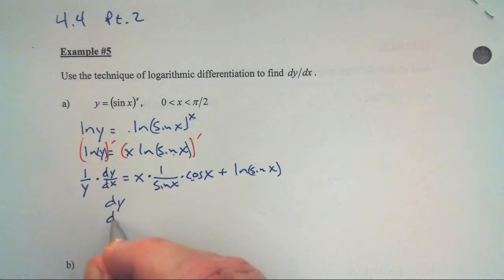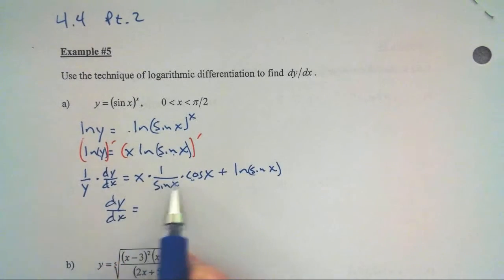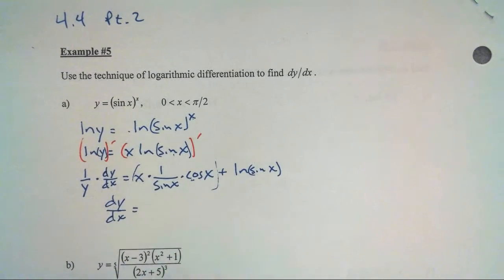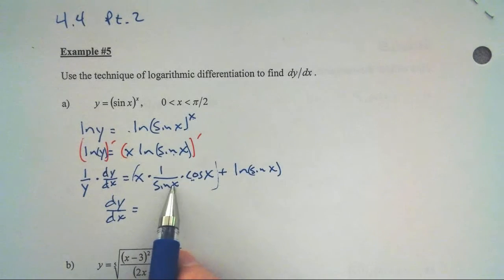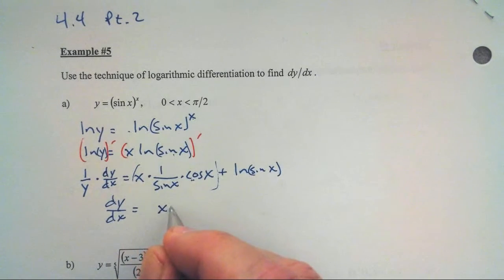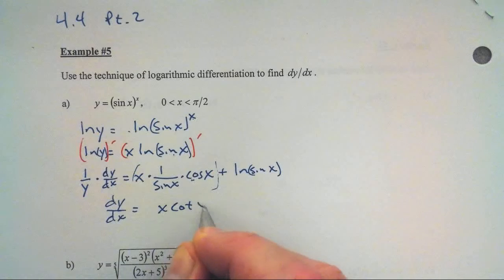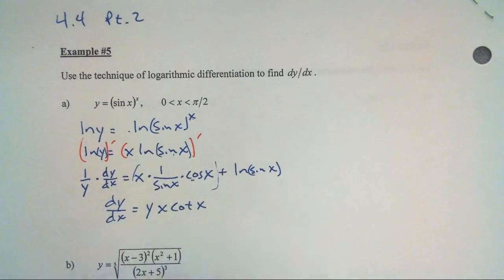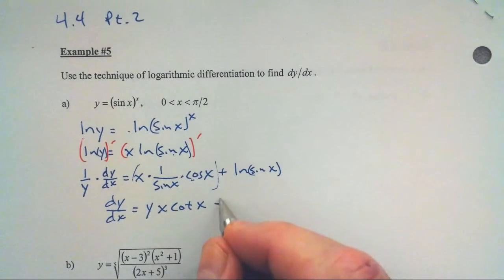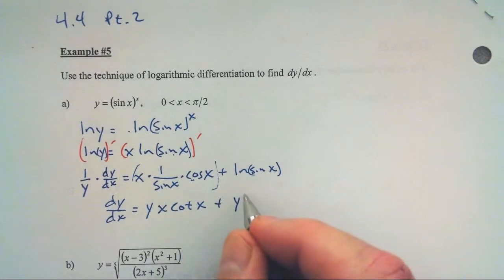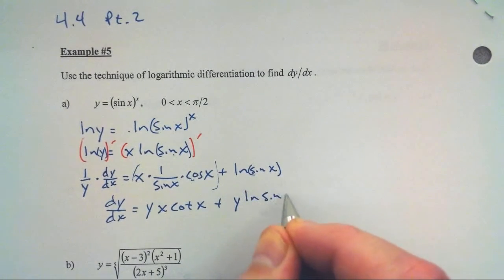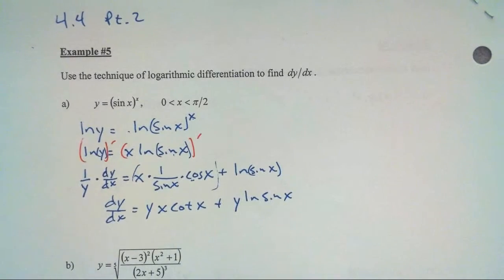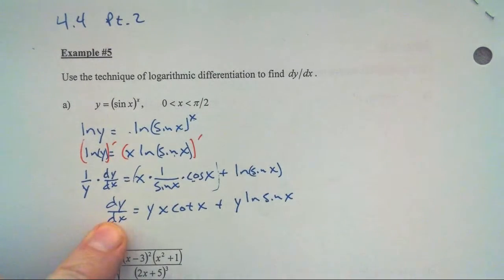So dy dx equals, let's clean this term up. Cosine divided by sine is cotangent, so this is x cotangent x, but I'm multiplying both sides by y, so that's times y, plus y times ln sine of x. So there's my derivative with respect to x.